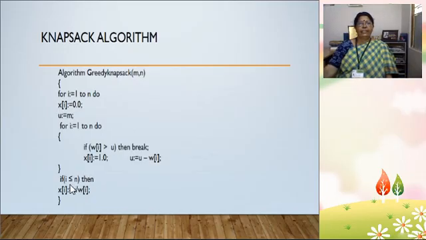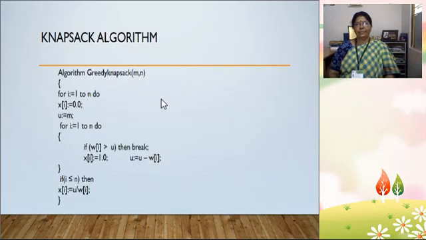So if I is less than or equal to n, it means there is still some space for adding an input, but not 1 unit of the object. In that case, we can add a fraction of the object. That is computed as u by wi. So xi will be equal to the remaining capacity of the knapsack divided by the corresponding weight of the object. This is how we find a solution to the knapsack problem.